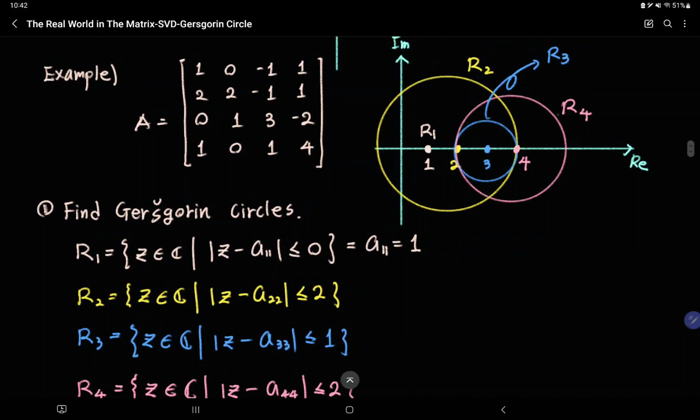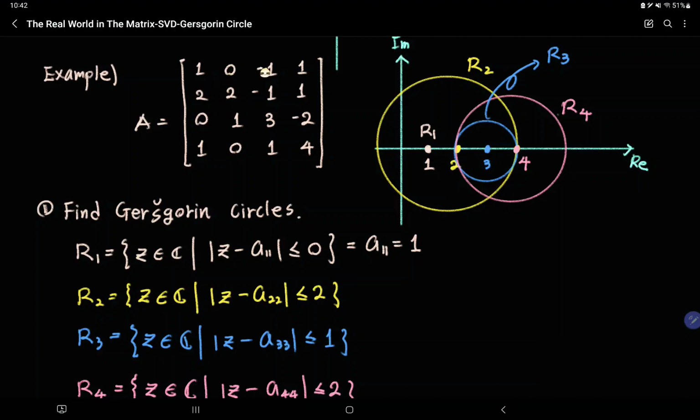The radius for the first row is going to be 1 plus 0 plus negative 1 plus 1, taking absolute values, because we don't add the diagonal entry when we sum the entries in the first row. So the radius is going to be 0. That means R1 is just a point, a11, right here.